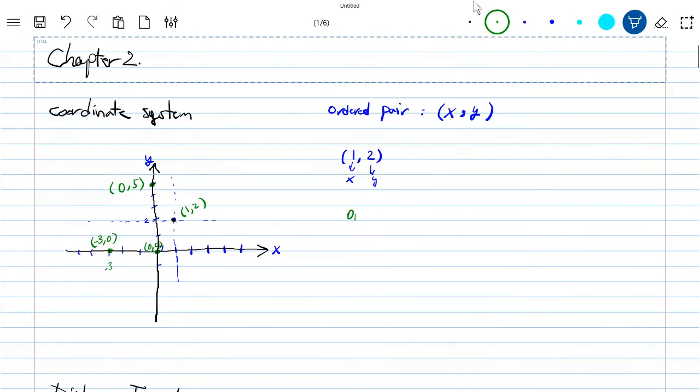So the origin is 0 and 0. And when you see 3-dimension, the origin would have 3 coordinates, x, y, and z. So this coordinate system is nothing to be confused by. This is the positive direction. This is the negative direction as you deal with number lines. Going up is positive direction, downward is negative.